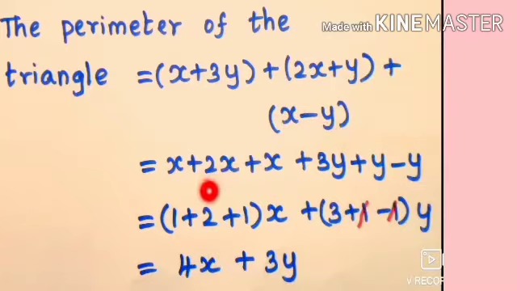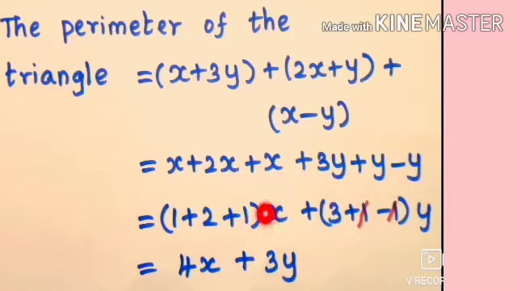In the next step we have to arrange the like terms separately in the algebraic expression. Here x, 2x and x are like terms, and 3y, y and minus y are like terms in y. So x plus 2x plus x plus 3y plus y minus y.